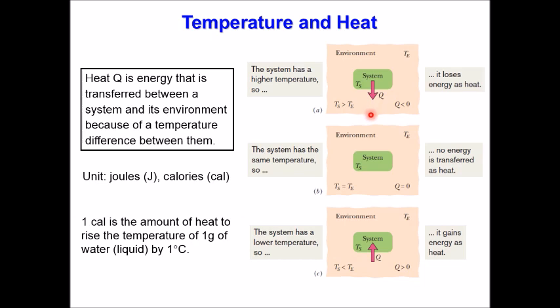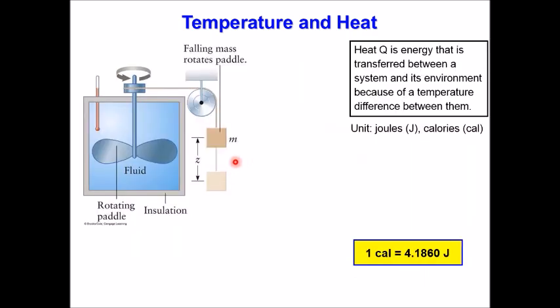And when the system is in contact with another system, this caloric fluid will flow to the cold region. So this is where the calorie comes from. If you want to read about it, it's called caloric fluid. Then Joule came with an experiment to prove that heat is energy.